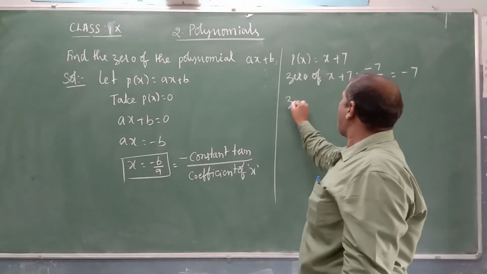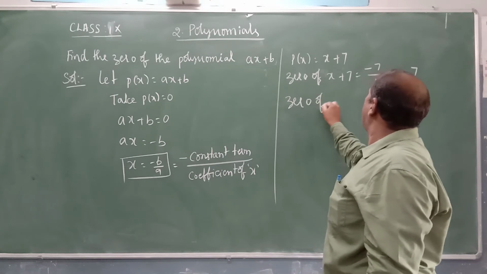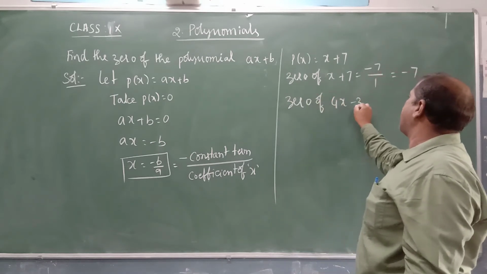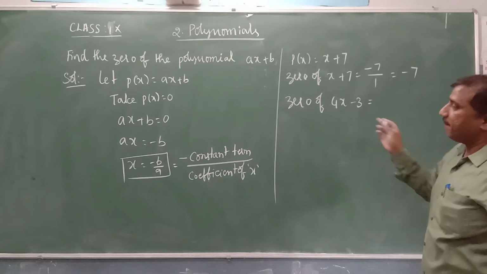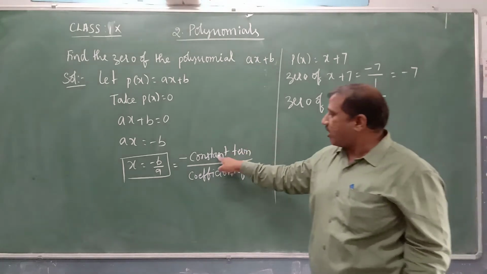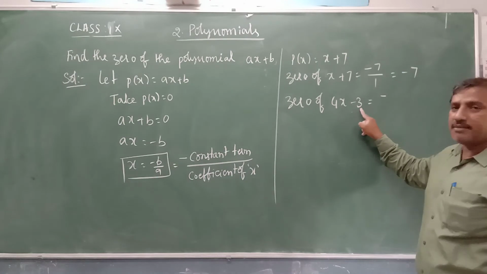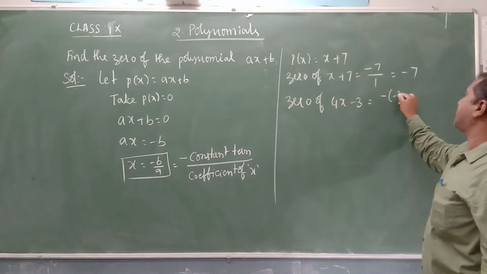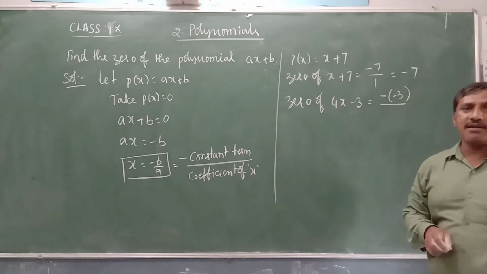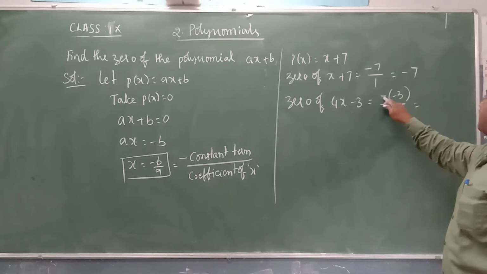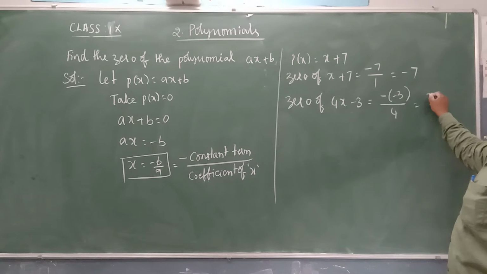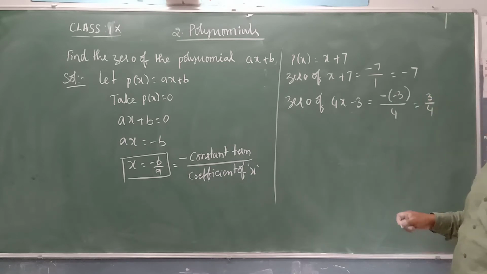Similarly, zero of 4x minus 3 is equal to minus of constant term. Here what is the constant term? It is minus 3. That is minus of minus 3 divided by x coefficient, which is 4. That is equal to minus into minus, plus 3 divided by 4.